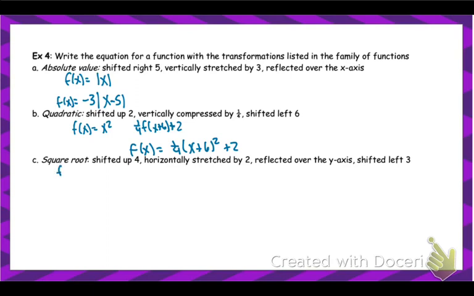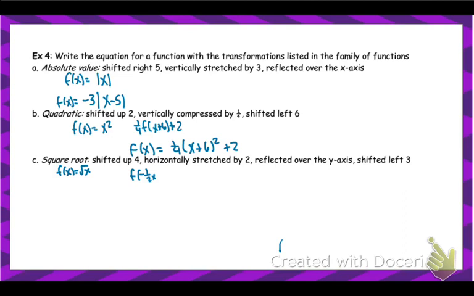Then the last one, square root. There's my parent function. I want to shift it up 4. I want to horizontally stretch it by 2, which means I need to put a 1/2 in my parentheses. I want to reflect it over the y-axis, so I need a negative. And then I also want to shift this graph left 3. I should have left some more space. Sorry about that. Again, it does not talk about the order, okay?